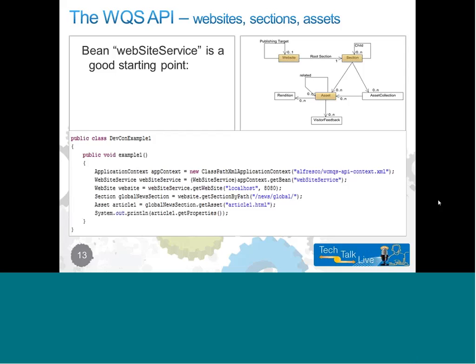So in this example, we're getting the website that's in the repository that's got a host of localhost and a port of 8080. We're then getting the section that is /news/global on that website, and then we're getting the asset that is called article1.html within that section, and then we're just going and getting all of the properties of that asset and printing them out to the console.